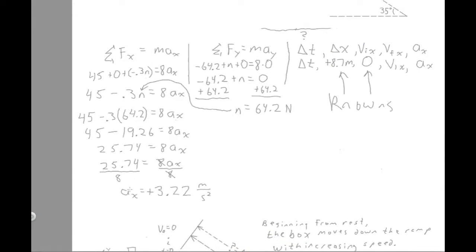But besides figuring out a sub x, we also had to figure out the normal force from the y version of Newton's second law in order to plug that into the x equation. Remember that that's very typical when you're solving friction problems.